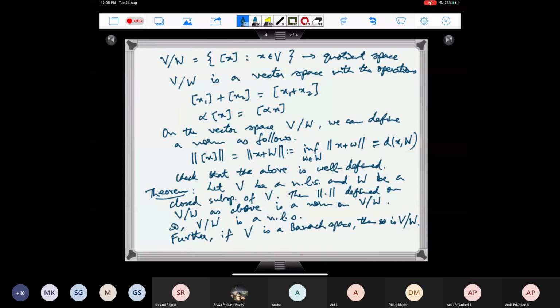Then we'll see the theorems of functional analysis. There are some very important theorems, so we'll prove those things. So let me stop.